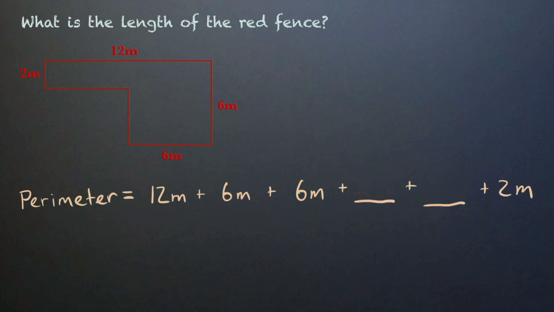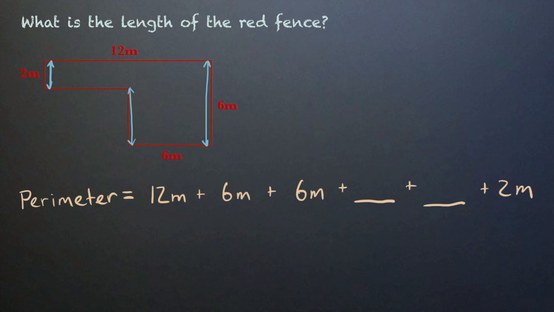The first one I'm going to look at is this length here. Now we've been given this length from the top to the bottom here, which is 6. And we've also been given this distance from there to there, which is 2.